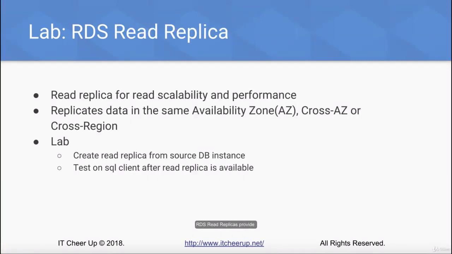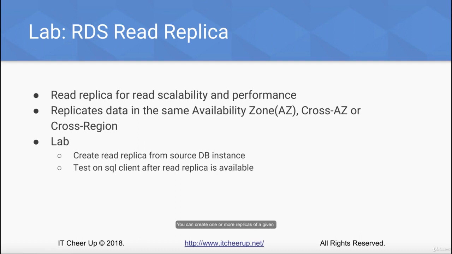RDS read replicas provide enhanced performance and durability for database instances. This feature makes it easy to elastically scale out beyond the capacity constraints of a single DB instance for read-heavy database workloads.